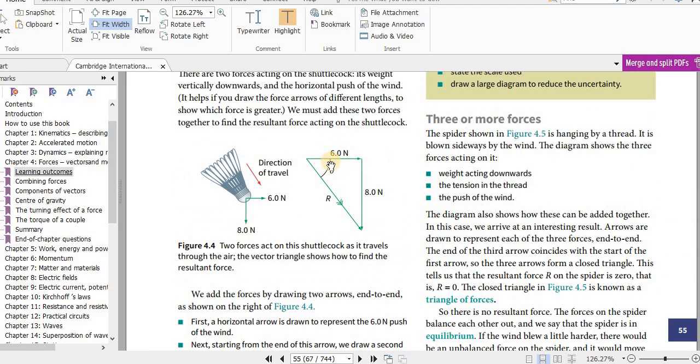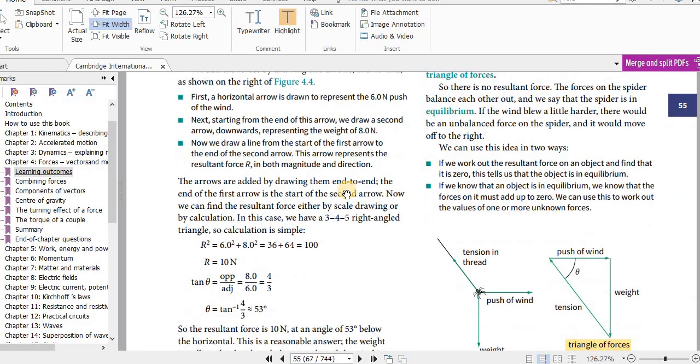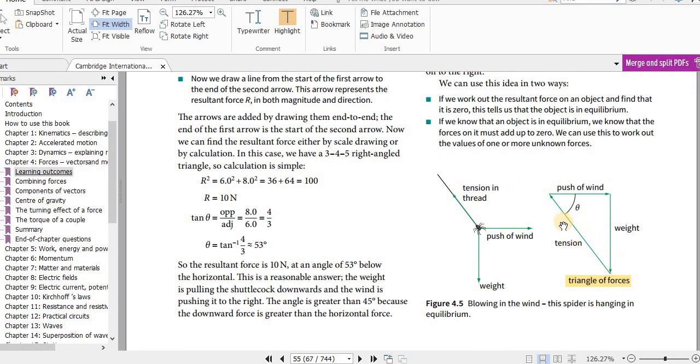Now here there are only 2 forces, and obviously there should be a gap. Now even with 3 or 4 or 5, there can be a gap. Now if there is a gap, that means there is a resultant force. If there is no gap, if the polygon is closed, now a 3-sided polygon is a triangle in this case. If it is closed, that means there is no resultant force.